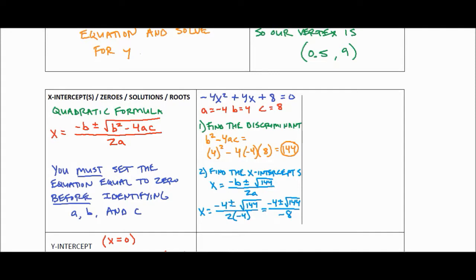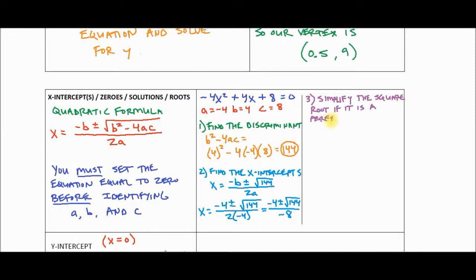We're almost done already. Step number 3, let's change colors here. Now this is a step that sometimes you have to do and sometimes you don't. This step says simplify the square root if it is a perfect square.